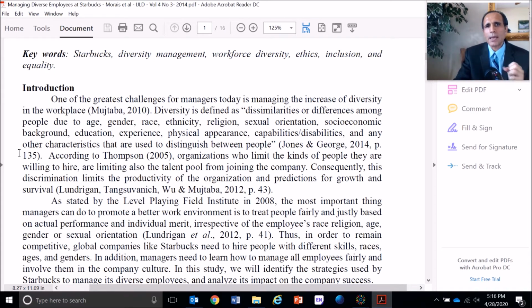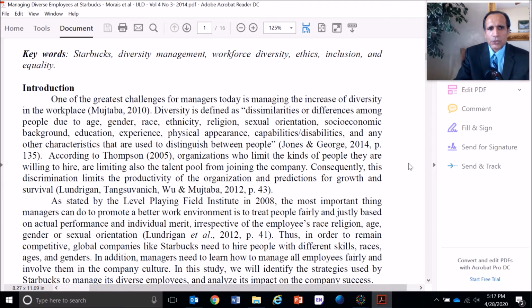So anytime you borrow something without changing or paraphrasing it, you need to put the author's names, the year, and the page number as well. If it is an online article and it doesn't have pages, then you would put the paragraph number. That would be P-A-R-A period, and then whatever paragraph that is.